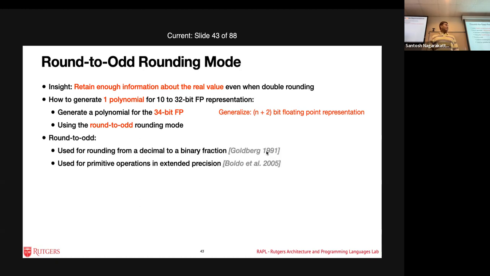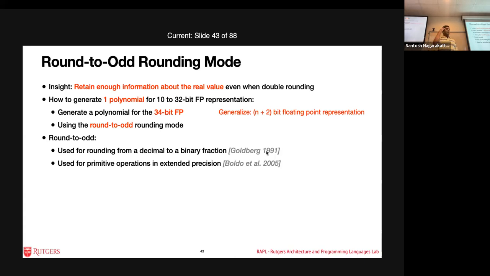So this round to odd was not invented by us. Goldberg, one of the seminal Sun Microsystems folks who wrote "What Every Computer Scientist Should Know About Floating-Point Arithmetic," had used it, but he did not call it round to odd. He used it to convert decimal fractions to binary fractions. Similarly, Sylvie Boldo had used it in other contexts.